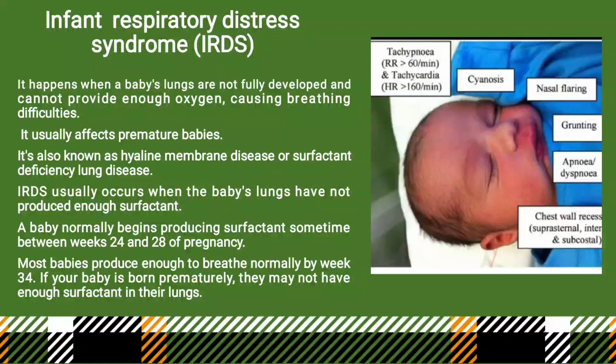It mostly affects premature babies. IRDS usually occurs when the baby's lungs do not have enough surfactant, and the baby normally begins producing surfactant from 24 to 28 weeks of pregnancy. So if the baby is delivered before that, in the case of a premature baby, the deficiency of surfactant will be more.